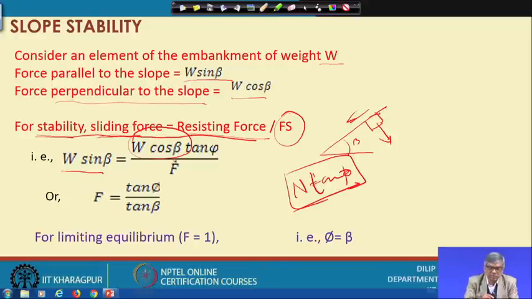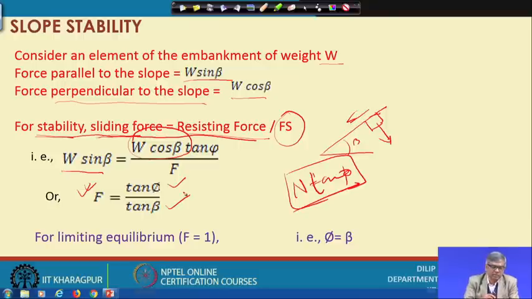So multiply by tan phi, that becomes your resisting force, divided by F, and from here I can get the factor of safety. Factor of safety will be tan phi divided by tan beta.